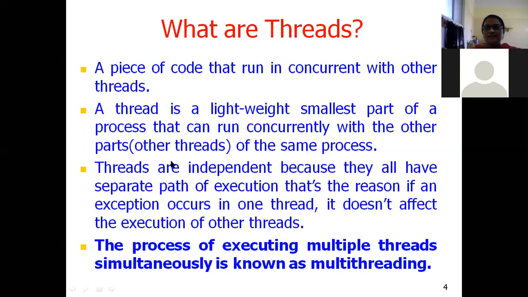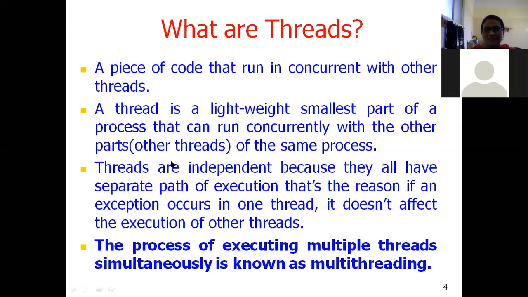And as I said, threads are independent because they all have a separate path of execution. In the basic calculator program, we are adding two numbers and storing the result back in another variable. Similarly, in the multiplication, we are multiplying two numbers. So the path of execution of those threads is different, so no other thread will get affected.